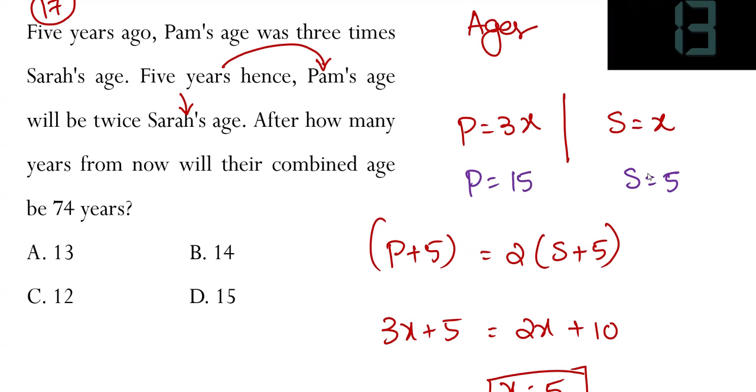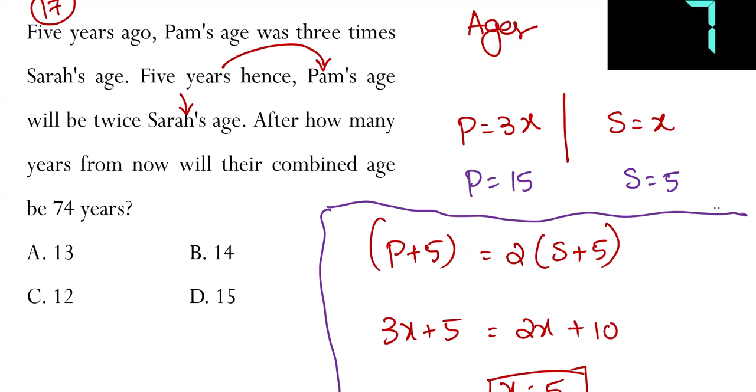Combined, their age is 20 only, but they want 74. 20 extra, we want 54. If you want 54, divide by 2, 27 years after. Oh, 1 second. I made a mistake. Why is this going wrong?